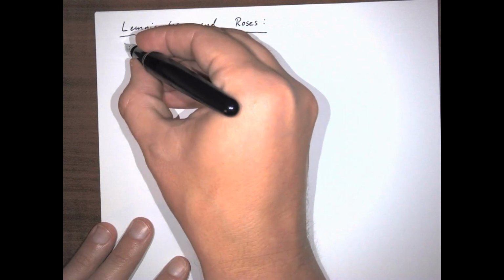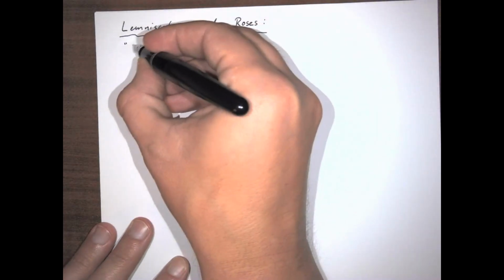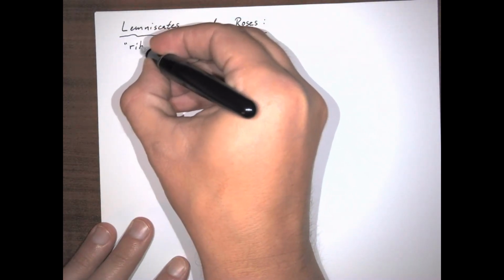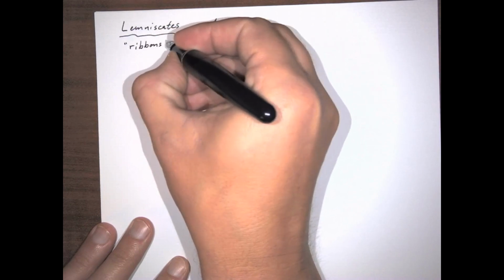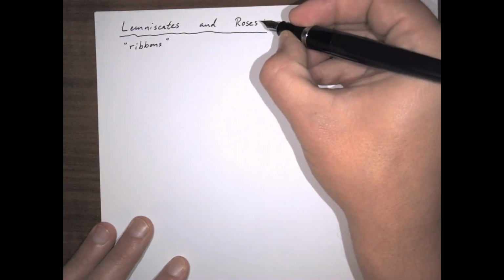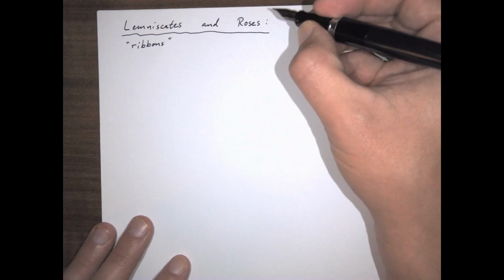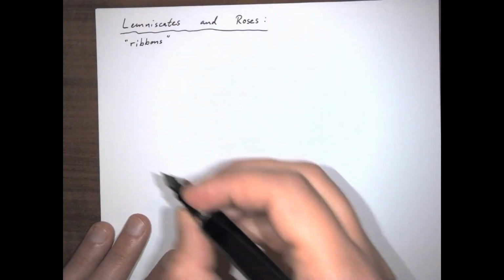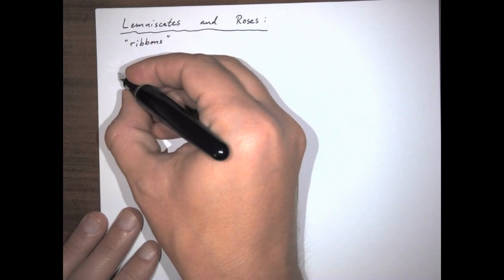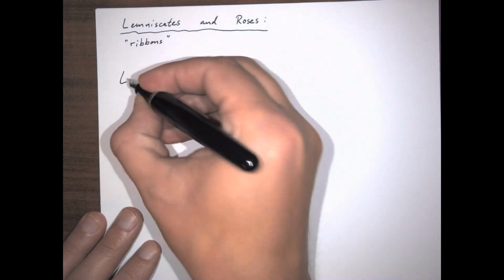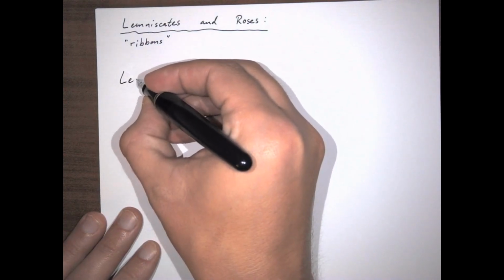So lemniscate is an old Greek word that means ribbon. And as for roses, it's as in the flower. And the idea is both of these types of equations produce graphs whose shapes have petals like a flower.